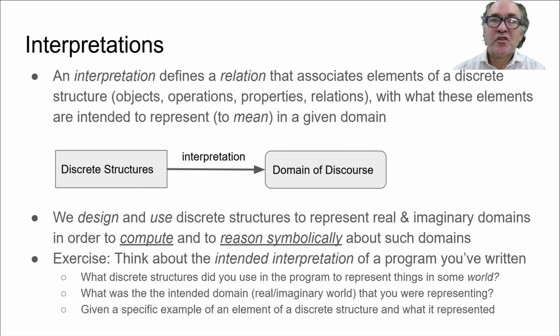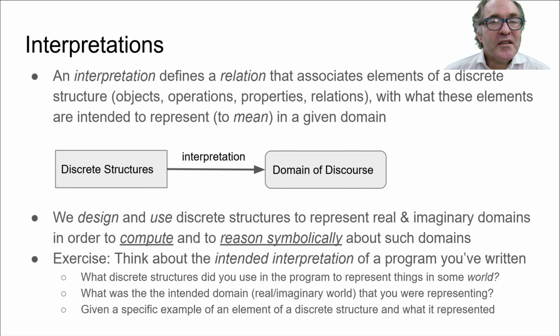Good. So this correspondence between a symbolic world of, let's say, discrete structures and a, quote unquote, real world, but it could be an imaginary world, it could be an abstract mathematical world, we'll call it a domain of discourse. Sometimes I'll use the term world for domain of discourse, and discrete structures or symbolic representations or machine representations to talk about the symbolic kinds of things on the left-hand side of the diagram here.